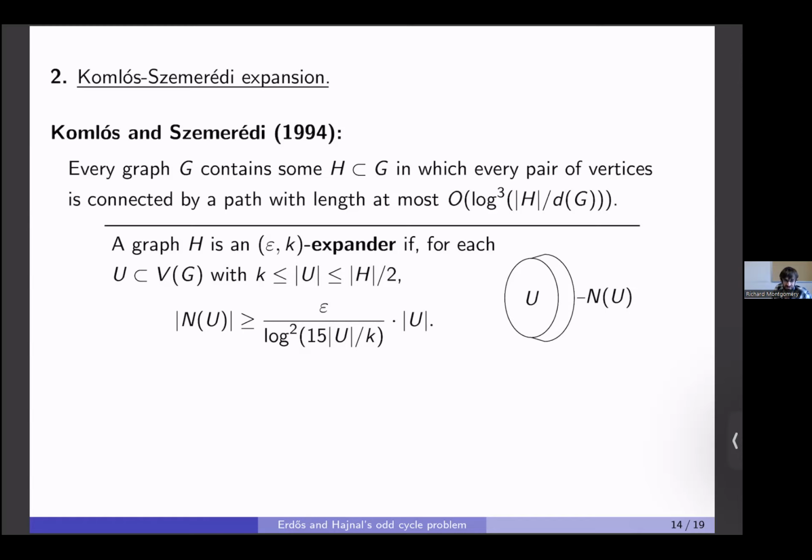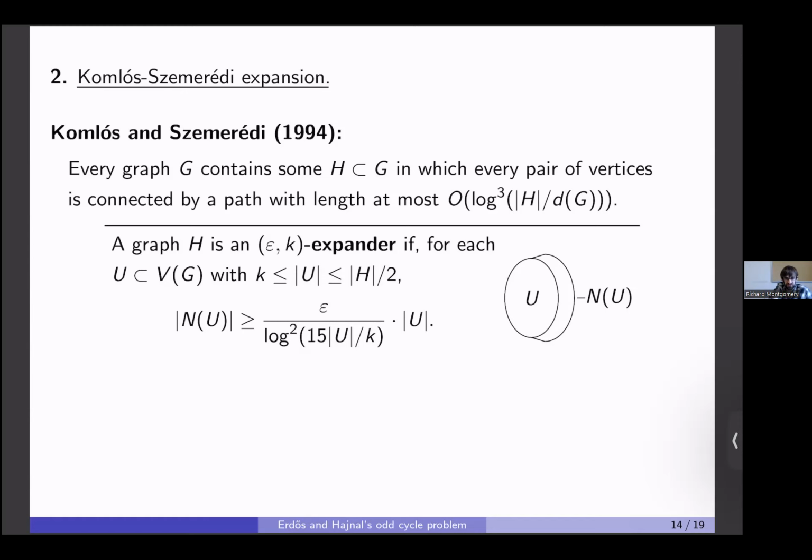So for example, lots of sort of pseudo-random properties that Benny was using recently to construct Hamilton cycles. We use expansion conditions where the neighborhoods are much bigger compared to the size of the set of vertices. So here, unfortunately, our expansion can be really small.